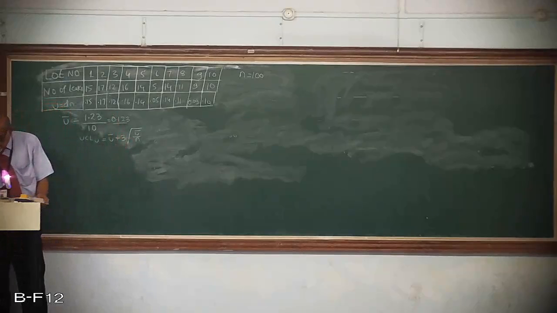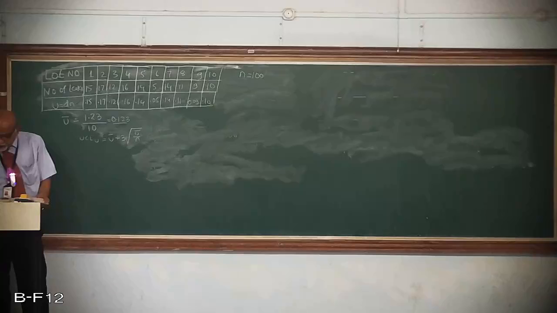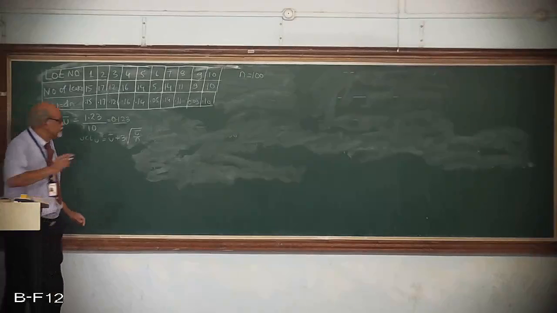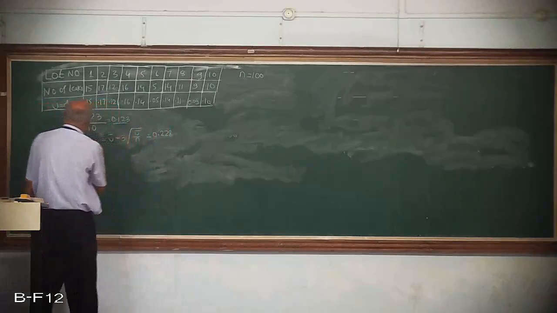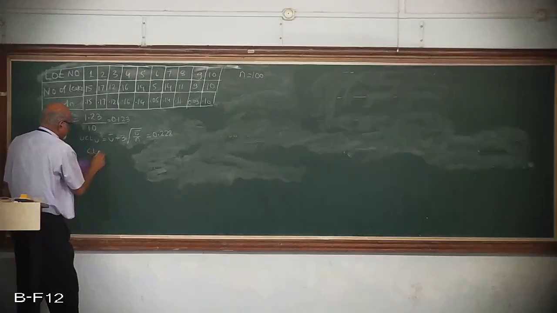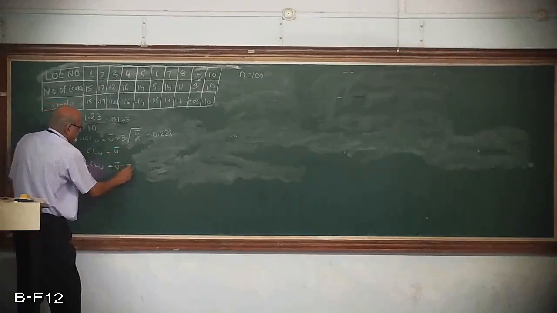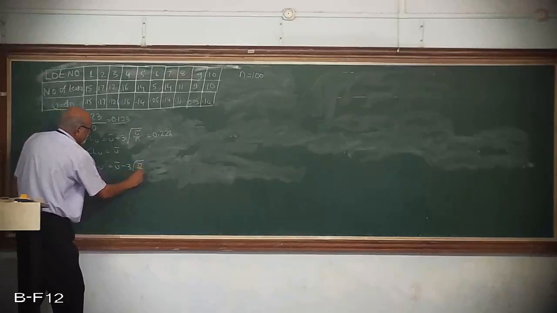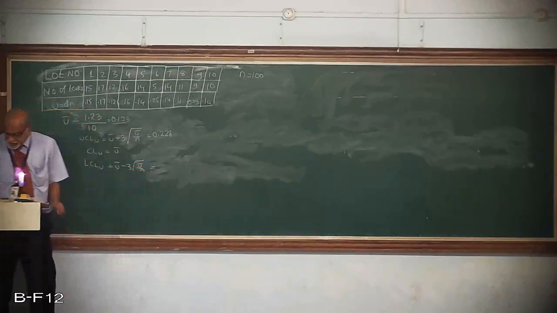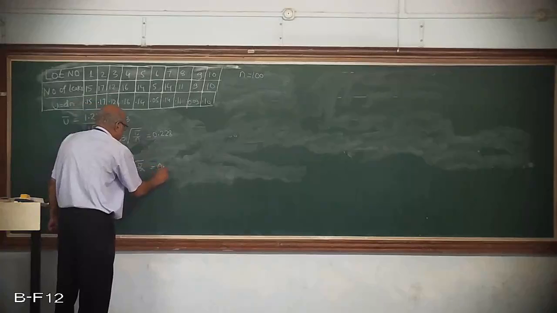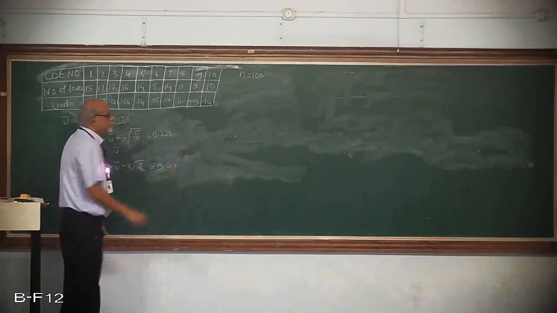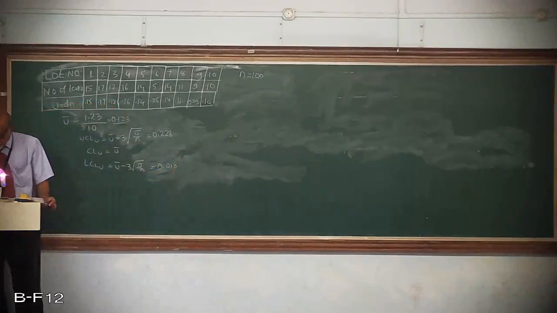This works out to be 0.228. And the lower control limit is U bar minus 3 times square root of U bar by n. This works out to be 0.018. Is it understood? 0.018.